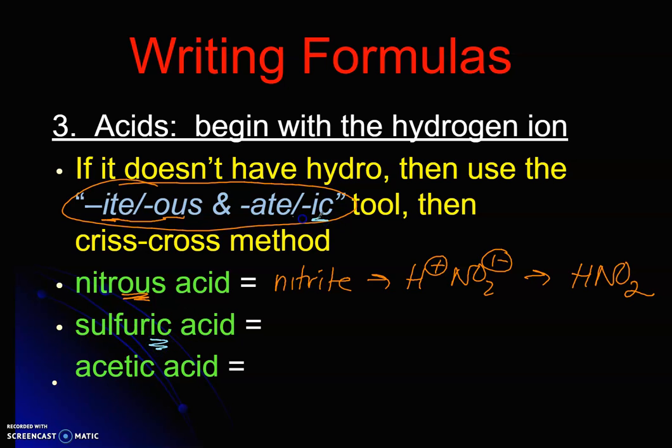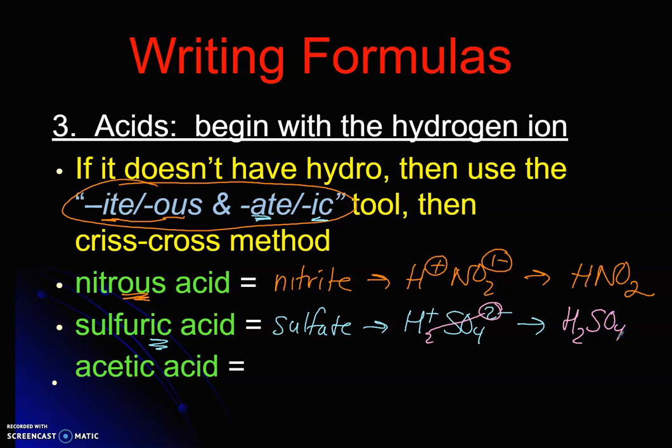Sulfuric comes from sulfate. So this is sulfate as my root ion. So H plus and then SO4 2 minus. And then make sure you crisscross correctly. You need 2 hydrogens to cancel out that 1 SO4 2 minus.